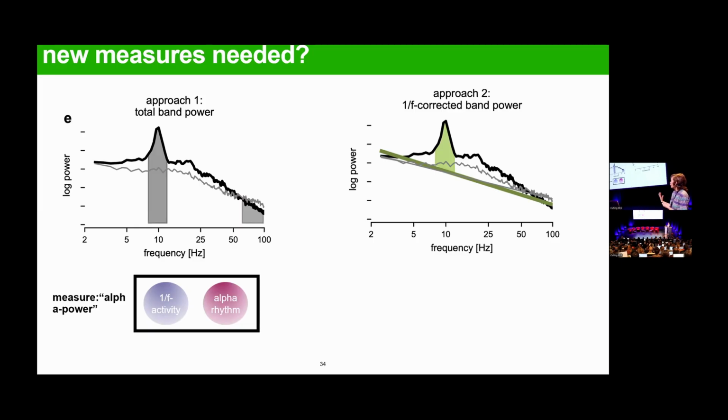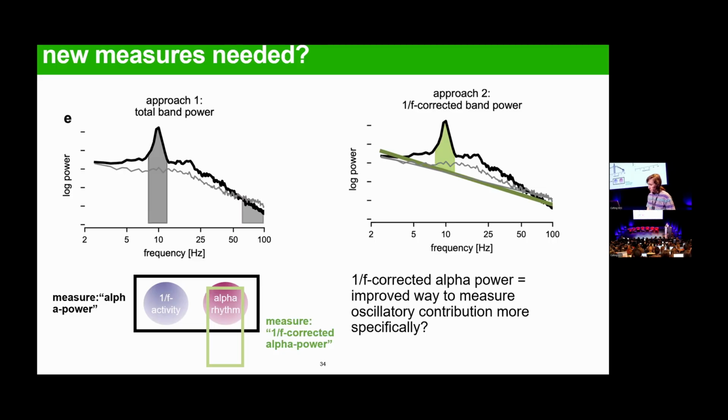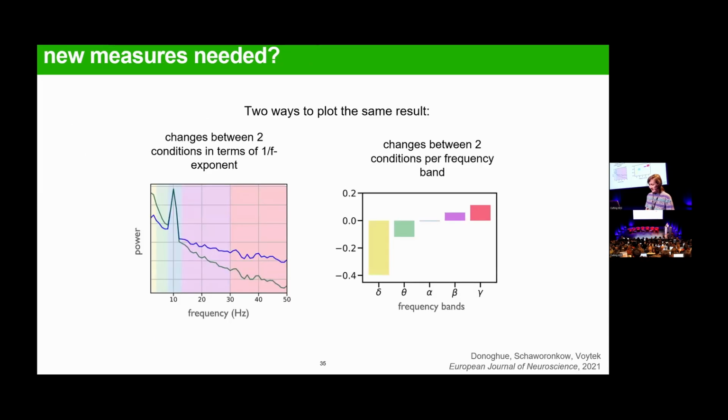Maybe you need to subtract something that you don't want, if you don't want it. So we can come up with measures that actually intend to capture more specific things. Maybe it's not perfect.